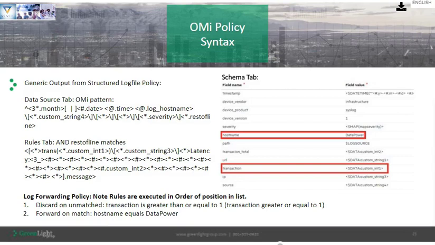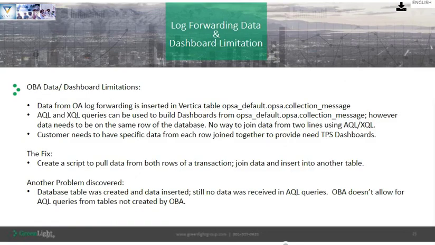And then we also forward everything that comes out of that if it has a host name of DataPower, which we hard-coded in the schema tab, highlighted in red on the slide. That also gets pushed off to OBA. So in the end, we went from 17 lines to 2 lines of data, one line including the URL, one line including the latency, the amount of time for the transaction.